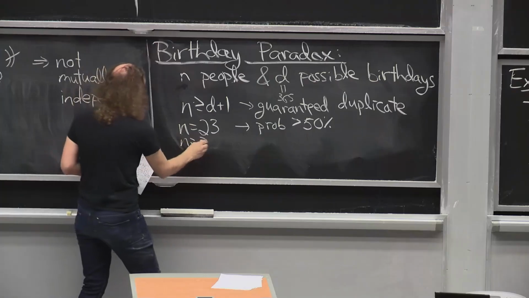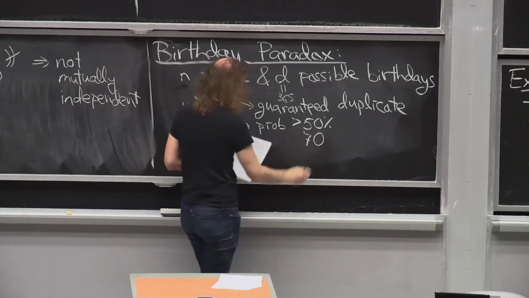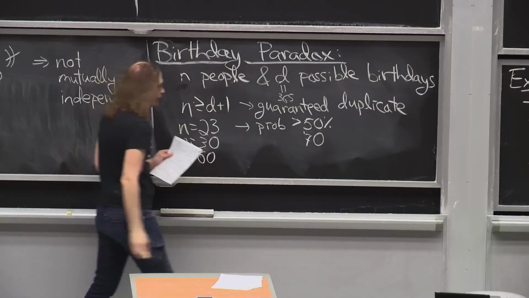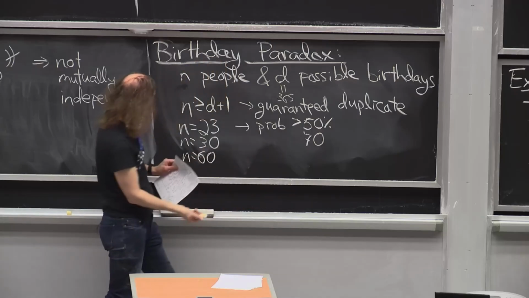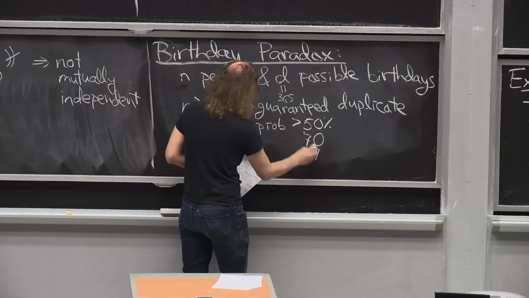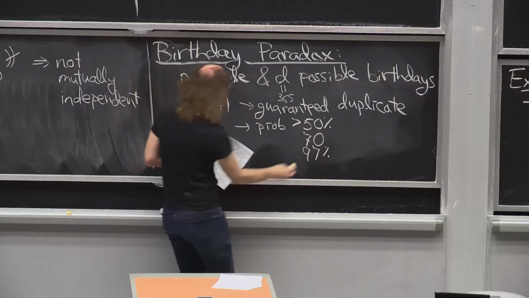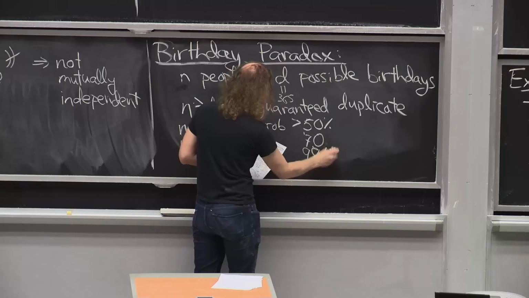N equals 30, the probability goes up to 70%. N equals 60, the probability goes up to 97%. Oh, 99%. 99.4%.